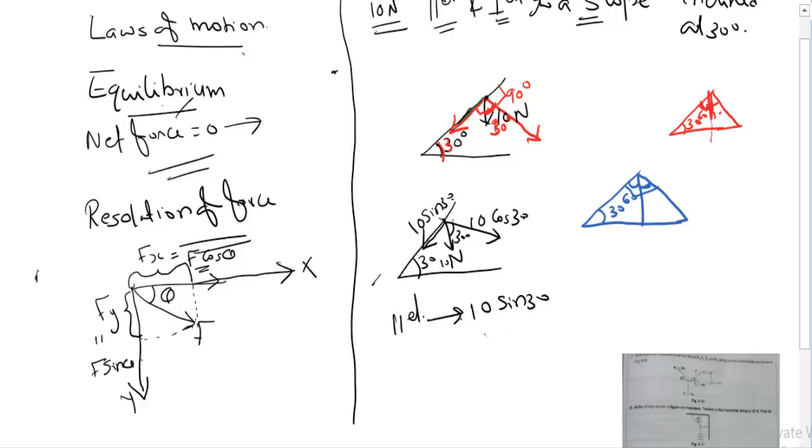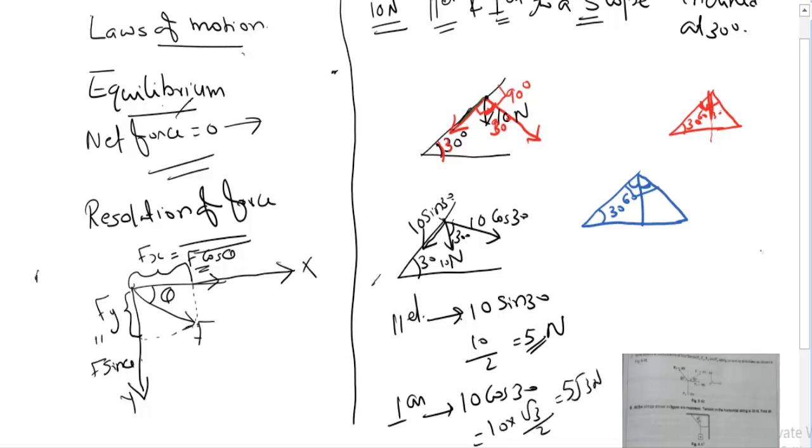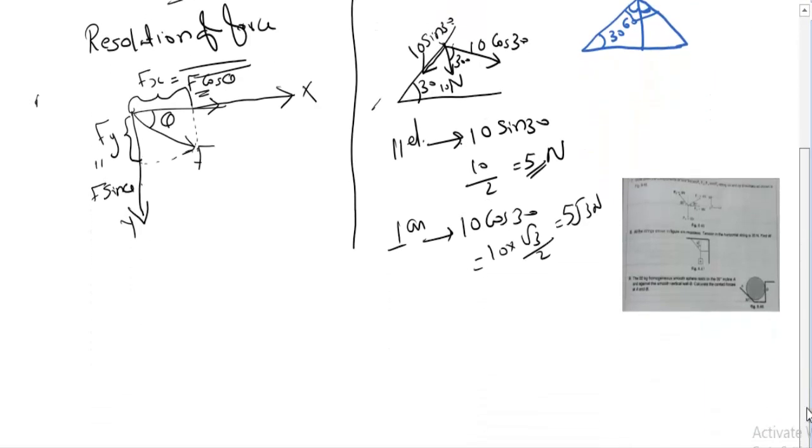Sin 30 is 1 by 2, so 10 by 2, which gives 5 Newton. And the perpendicular component will be 10 cos 30, so 10 into root 3 by 2, which is 5 root 3 Newton. Okay, clear? This is how we find the parallel and perpendicular components.